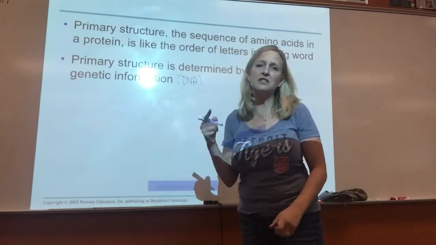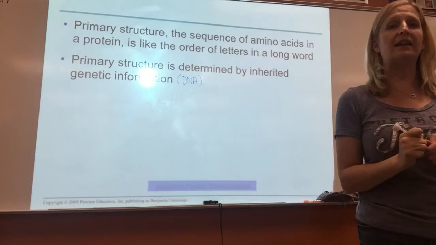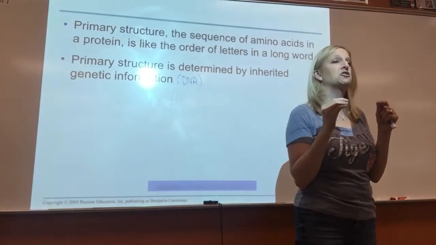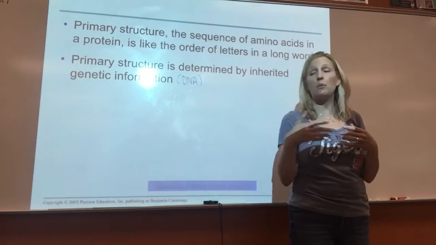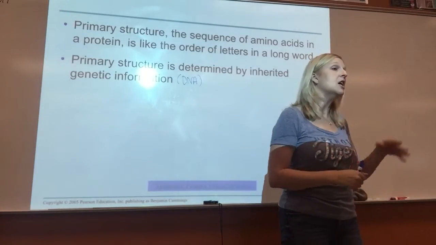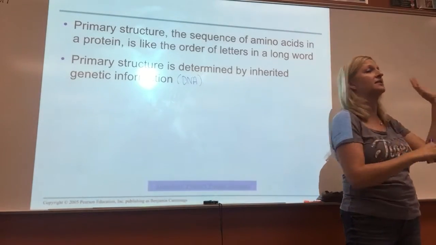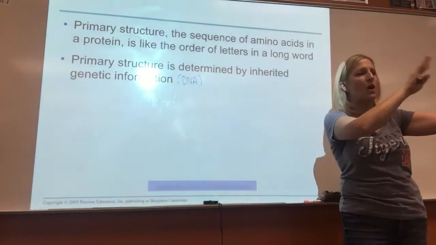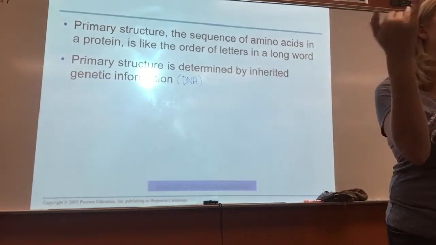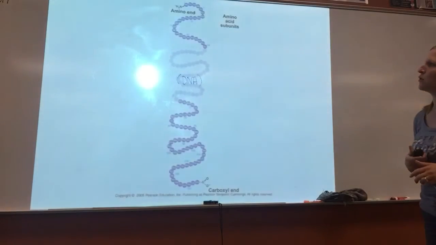We get half of our DNA from mom, half from dad, and that DNA contains instructions and tells your cells what amino acids you're going to hook together. So when we make that hemoglobin molecule, we have to make four different polypeptides. How do we know what chains of amino acids? How do we know to hook leucine and glycine and then arginine, and so on? And what order of the amino acids? It's determined by your DNA. All right, so the DNA codes for that.